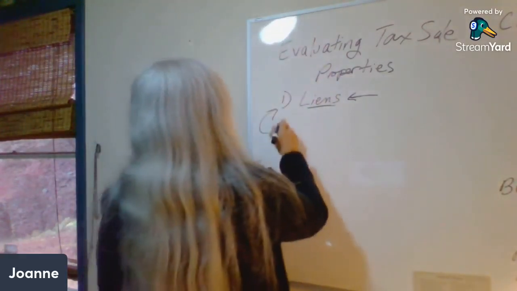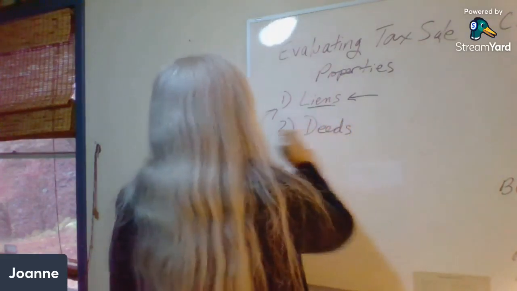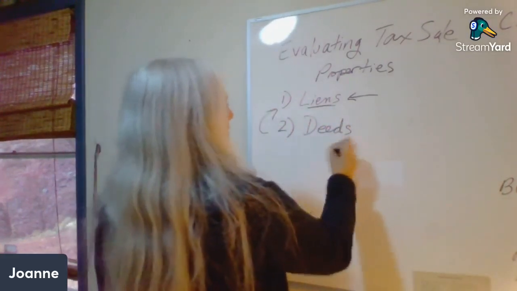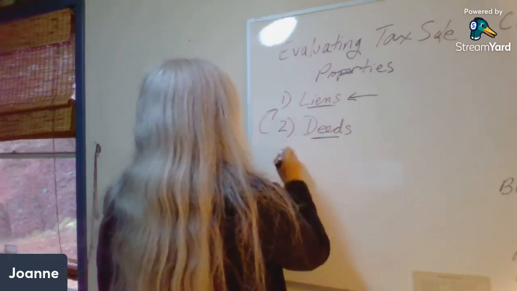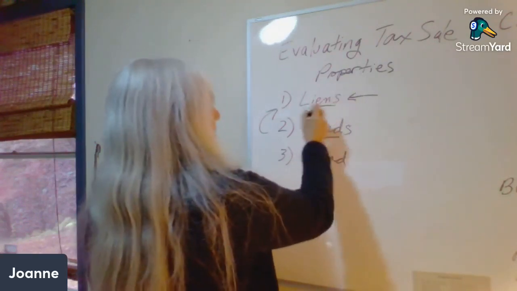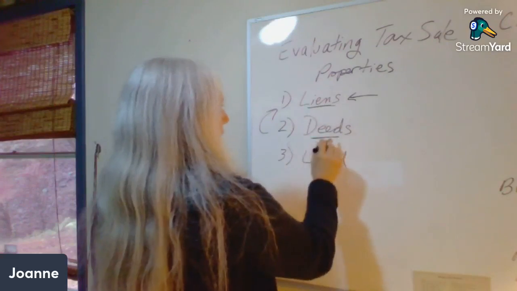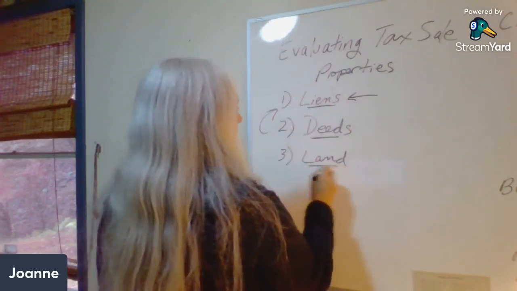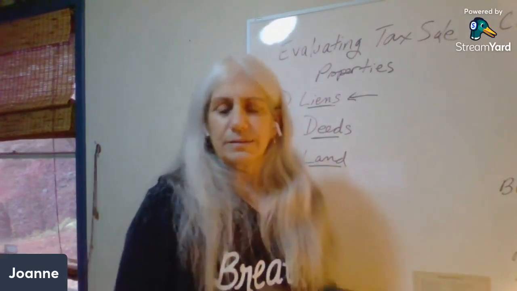So for deeds, you're going to do this plus what I told you for deeds, right? Now for land, if it's liens, you're going to do that. If it's a deed, you're going to do that. But then you want to do one other thing.